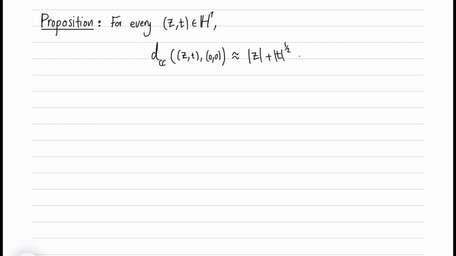When trying to prove connectivity of the Heisenberg group by horizontal curves, we ended up proving the following estimate. There is a constant independent of z and t, such that the distance of (z,t) to the origin is up to this constant comparable to the absolute value of z plus the absolute value of t to the power 1/2.